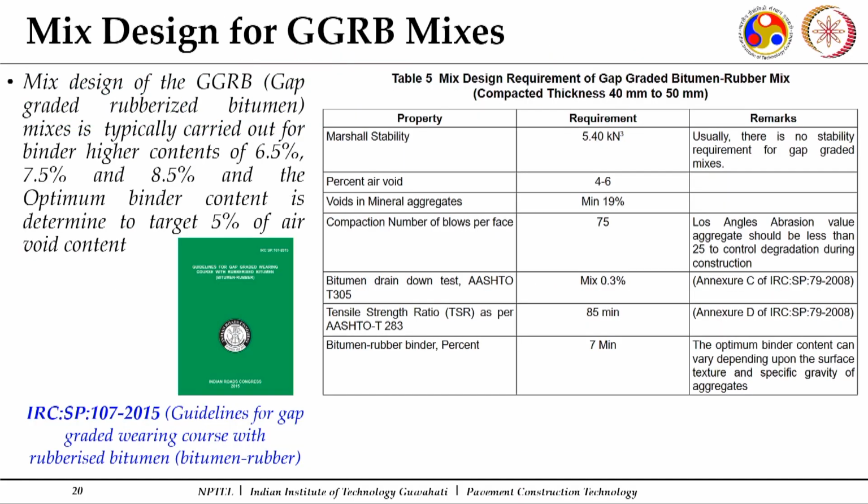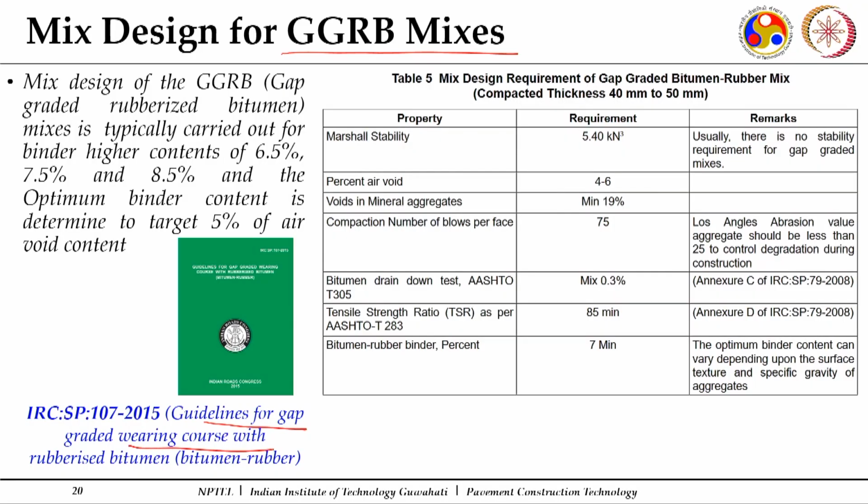Now, the other mix which is there in this particular category is gap graded rubberized bitumen mix. This is again where you are using the rubberized bitumen, or the bitumen which is modified through the use of waste tire rubber. So, that is the guidelines for gap graded wearing course mixes with rubberized bitumen or bitumen rubber.